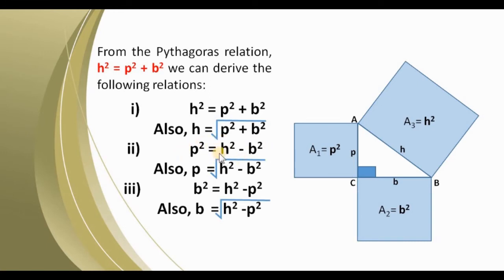We obtained this one by changing the sides of H square, P square and B square. As P square is H square minus B square, we can write P equal to square root of H square minus B square. In the same way, as B square is equal to H square minus P square, we can also write B equal to square root of H square minus P square.